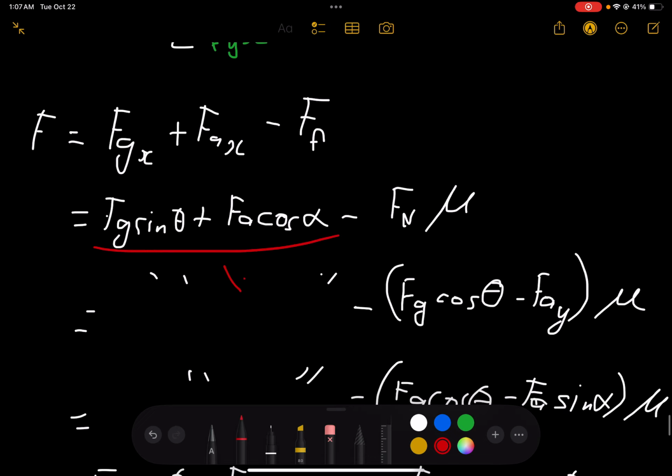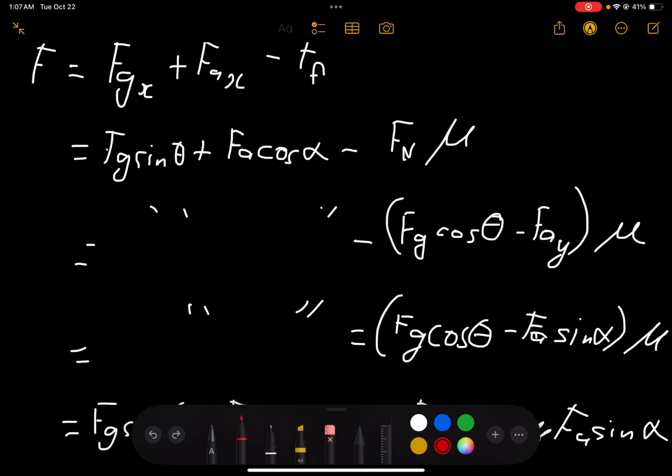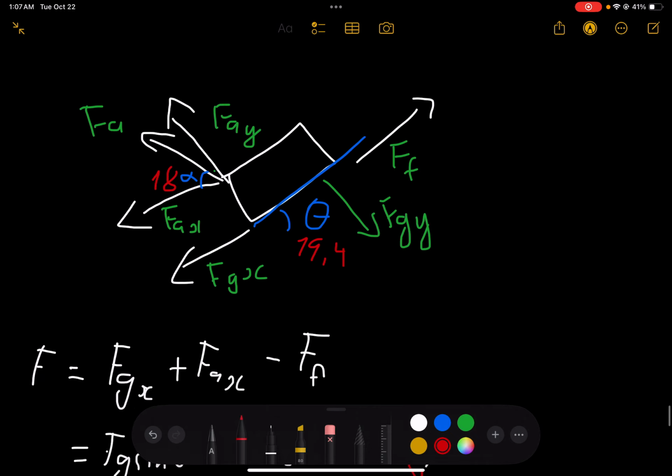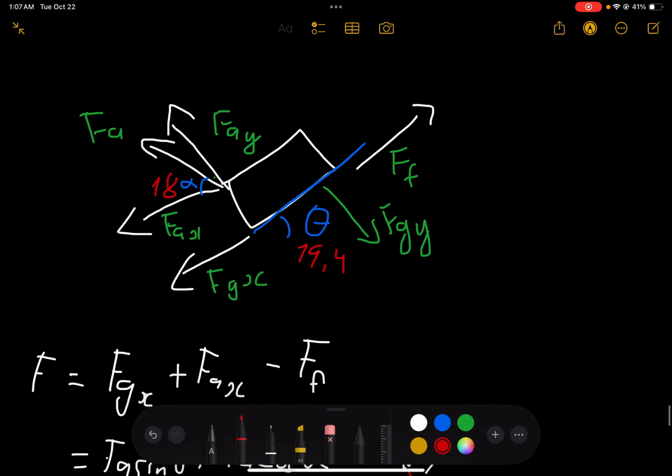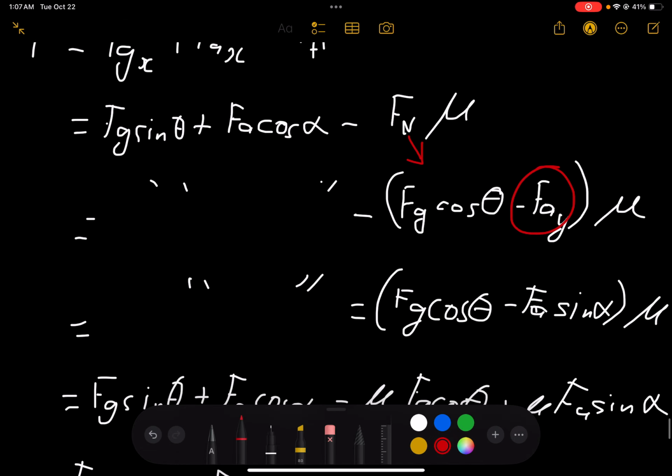This x equation stays the same for now, so I just put these quotation marks, and here we break this down into this. So here we have two forces acting, Fgy going down like this, and in the opposite way we have the applied force in the y direction, okay? So this is going the opposite direction, so that's why I'm doing negative.